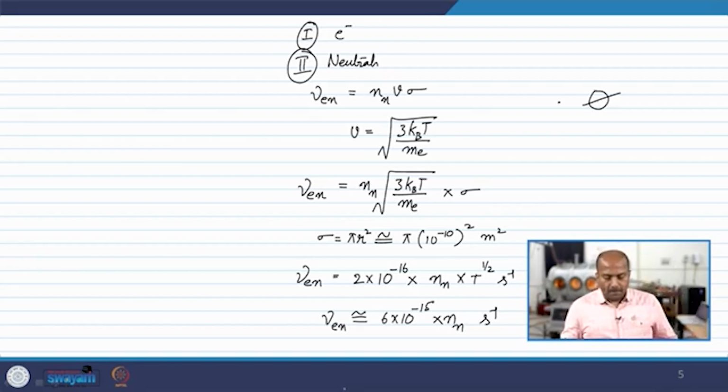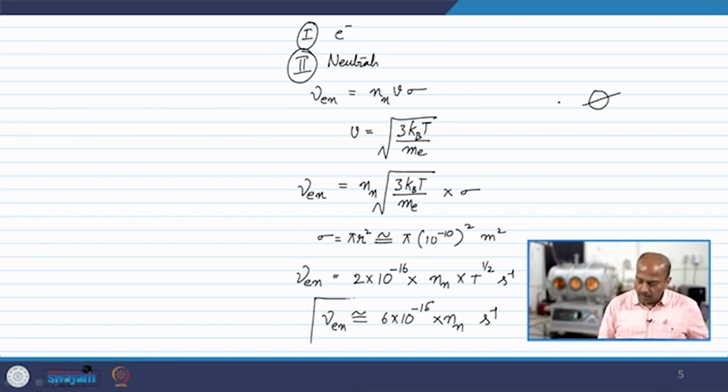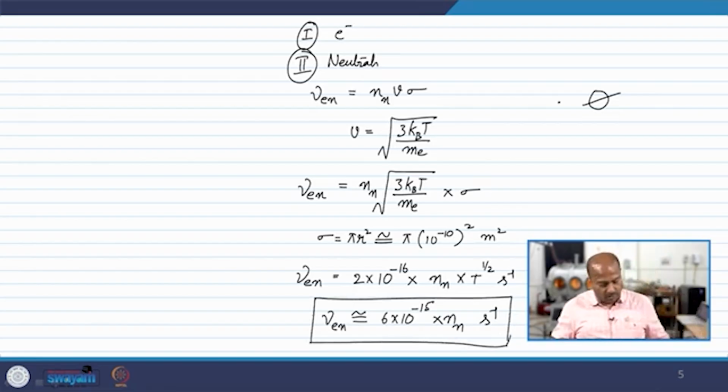Okay. So, this is just one relation which tells you how many collisions may happen at a particular temperature between electrons and neutrals.